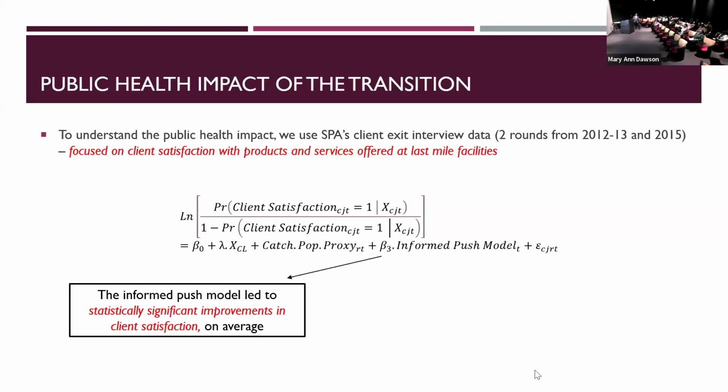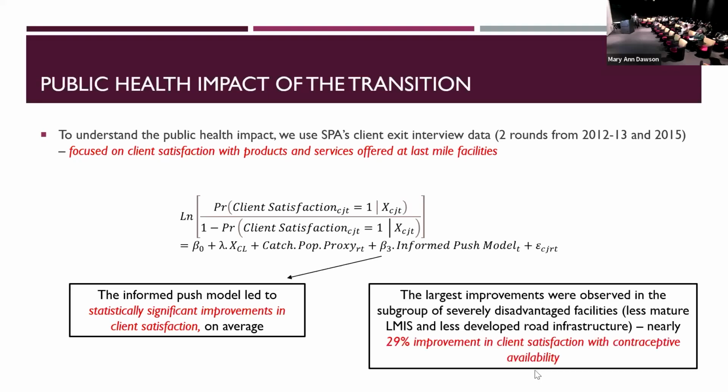So what does this survey tell us? It's focused on client satisfaction with products and services at last mile facilities. So this is all actual client data. Because we have 2 rounds of data, we do a pre and post study. What we see is that the inform push model actually led to significant improvements in client satisfaction on average. But more importantly, the largest improvements were again observed in severely disadvantaged facilities.